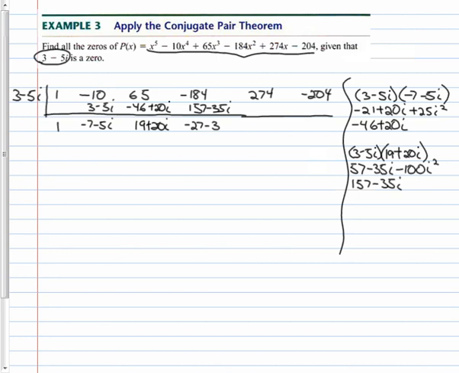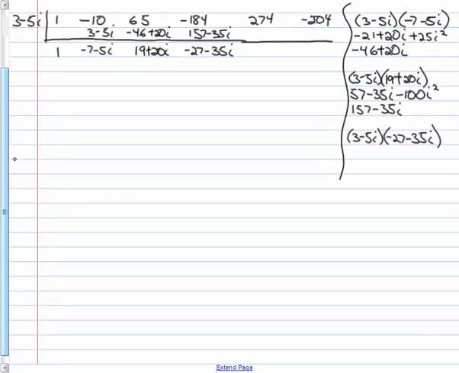Double check. We don't want any mistakes. Negative 27. Make sure that's right. 3 minus 5i times negative 27 minus 35i. So, as with all math, be careful at each step of the way. 3 times negative 27. Is that negative 81?